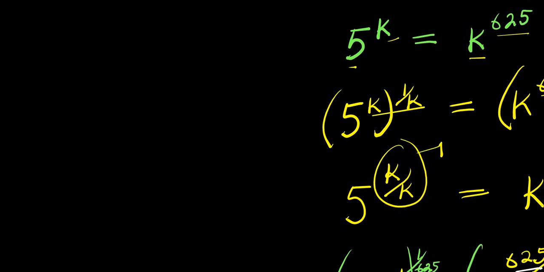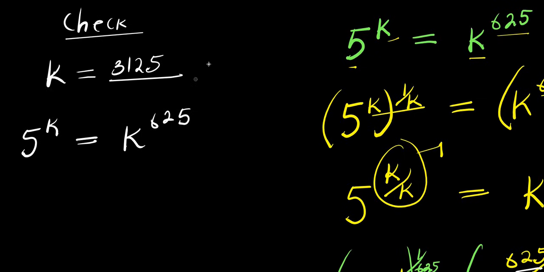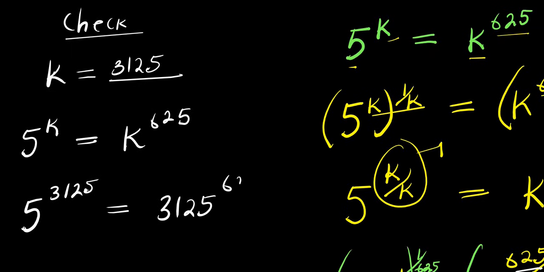So you can go ahead and check if this value of k will satisfy the equation. So we have k equals 3125. And we have 5 to the power of k equals k to the power of 625. And k is 3125. So we have 5 to the power of 3125 equals 3125 raised to the power of 625.